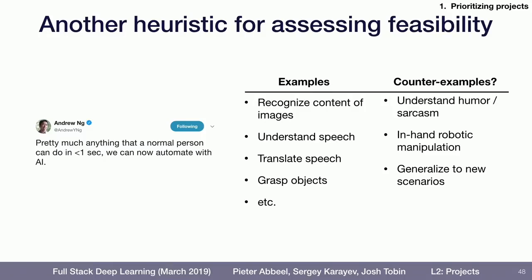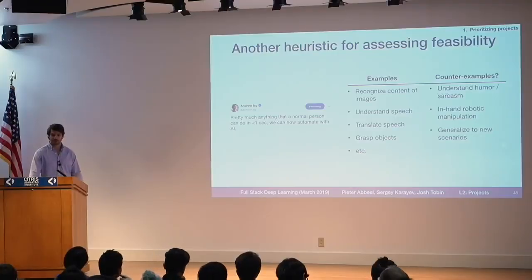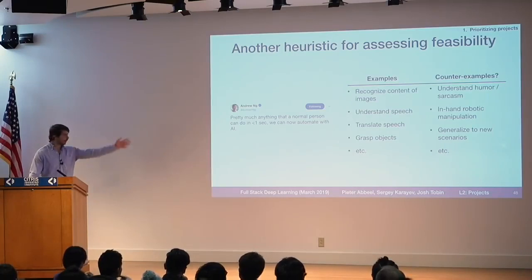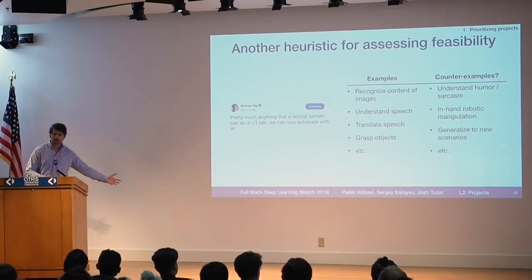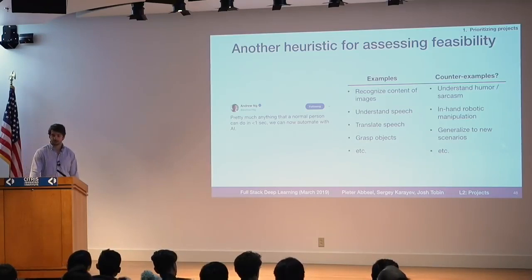Generalizing to new scenarios. You've probably never seen me give a talk before, but you kind of know how to react to that in some sense. And a system that has never been trained on me giving a talk before wouldn't know what to do. And I think there are many others. So again, I wanted to point this out because it's something you'll see, but I don't think this is actually a very good heuristic for assessing feasibility.